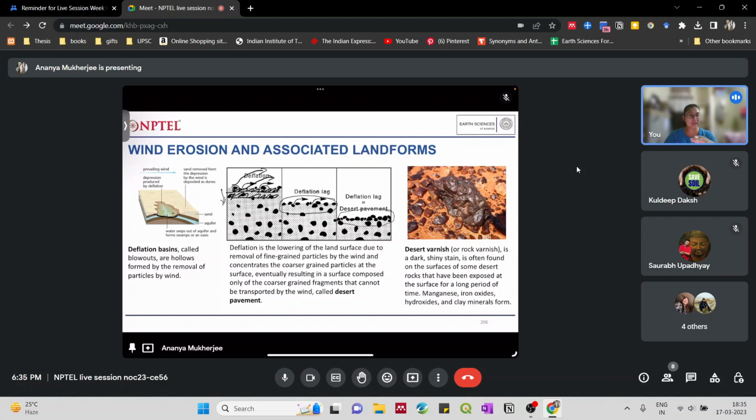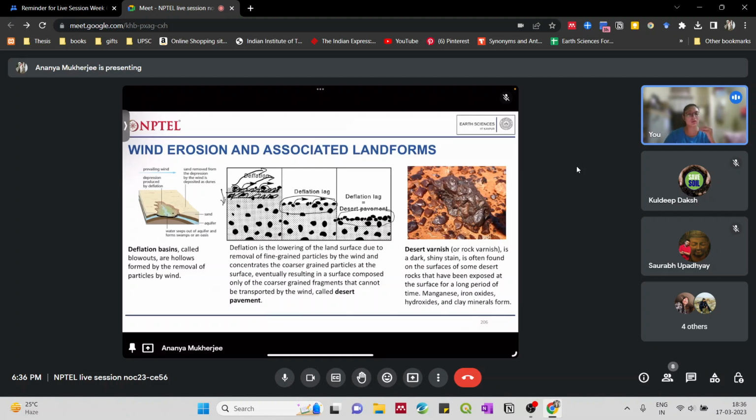All these oxides or clay minerals get deposited over the surface of such rocks, which are exposed due to the wind erosion that has happened. That entire layer is called the stain. It is usually darker in color, and it appears glossy.